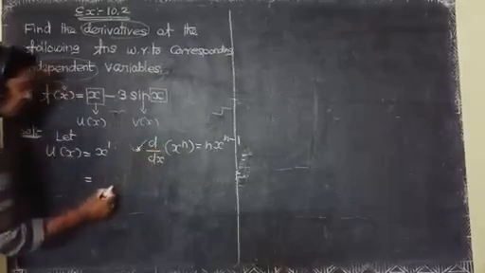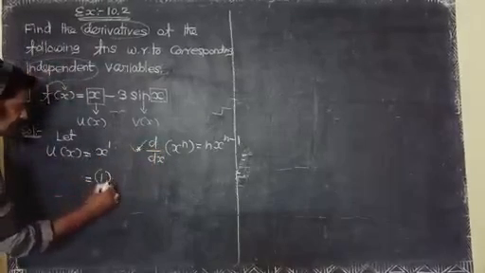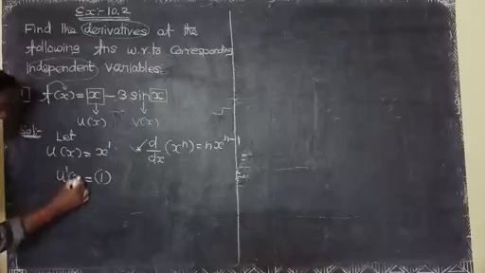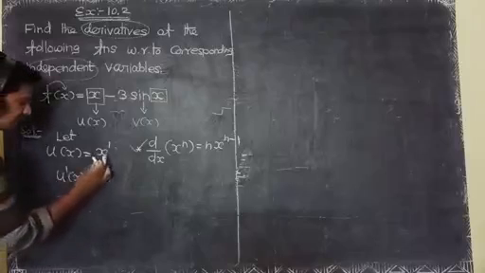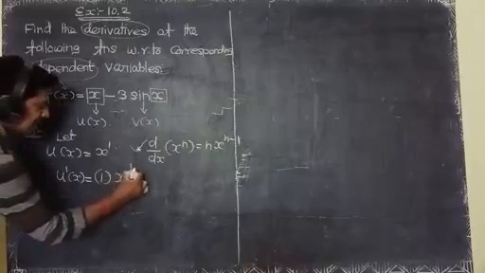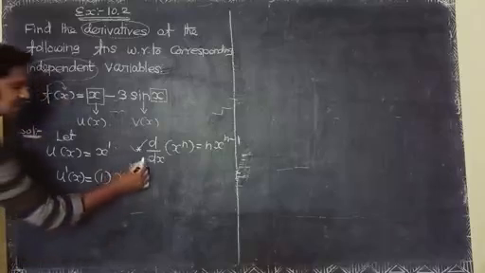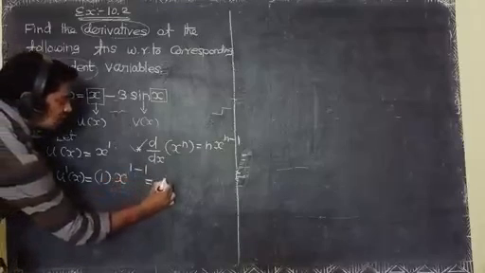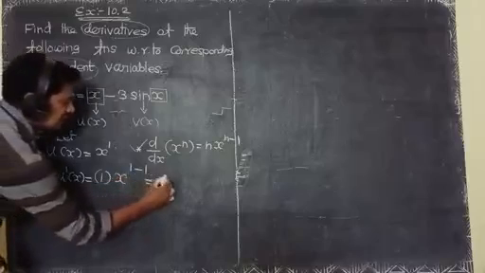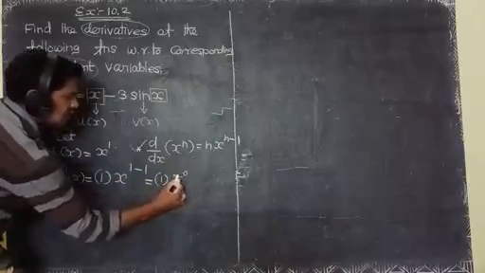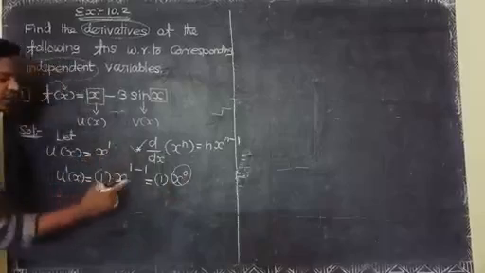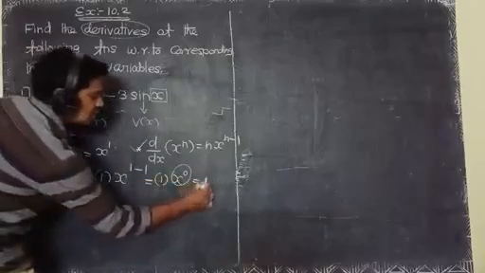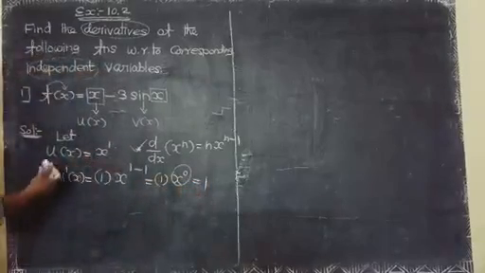Using this formula, u dash of x is n into x power n minus 1. 1 minus 1 is 0, so that is 1 into x power 0. Anything power 0 is 1, so 1 into 1 is equal to 1.